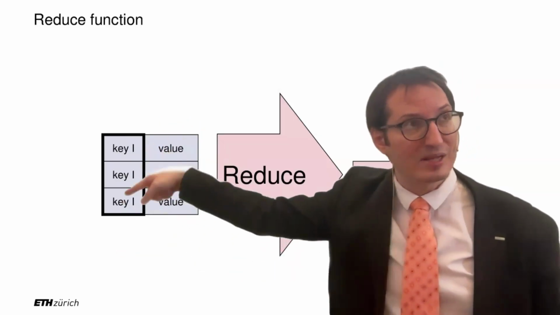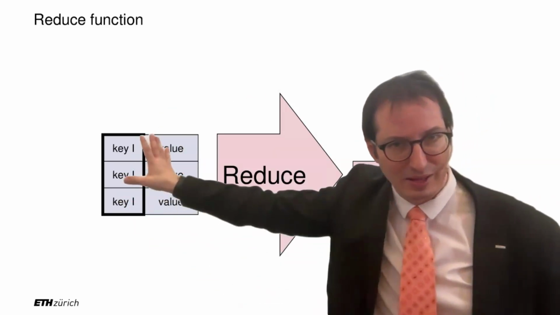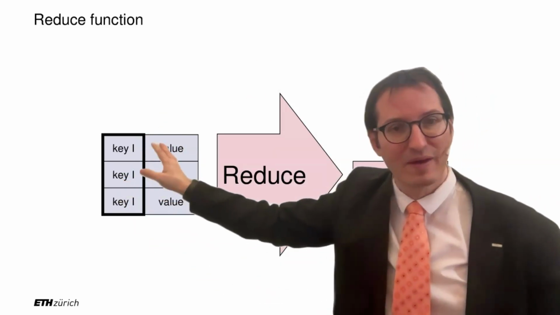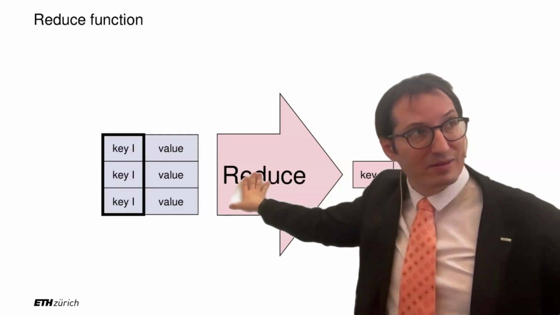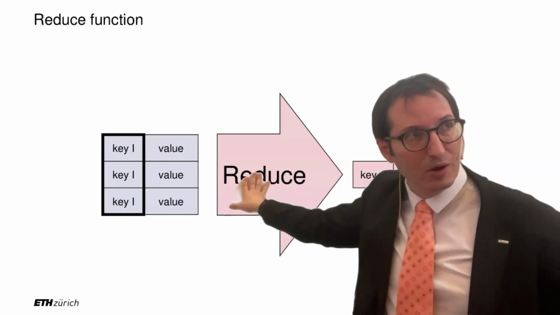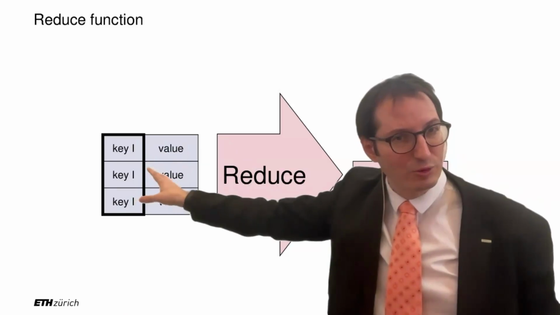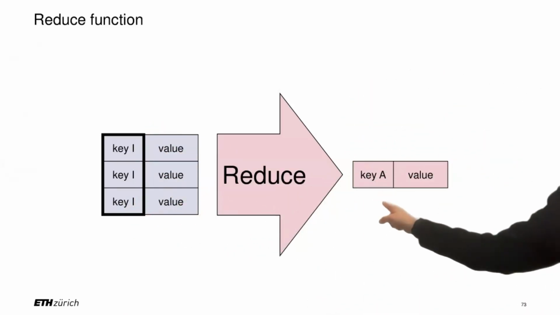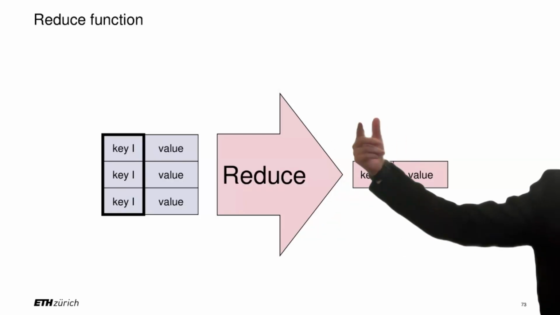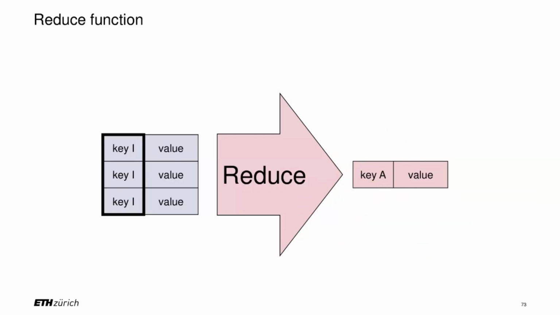All the key 1s are in there. There's no key 1s anywhere else. They're all in there. That's complete. Then I have my reduce function that takes as input an intermediate collection of key values with all the same key, and all of them with that key, which produces, guess what, 0, 1, 2, or more final key values.